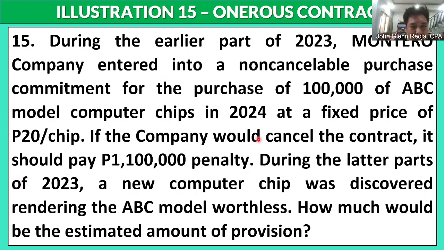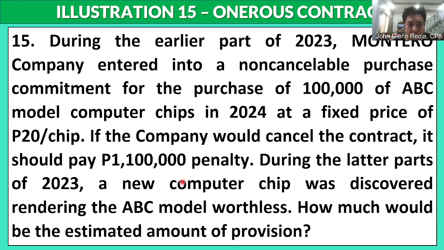So, how much is 100,000 times 20 per chip? Let me get the calculator. 100,000 times 20 per chip is 2 million. If he cancels, he will pay 1.1 million.